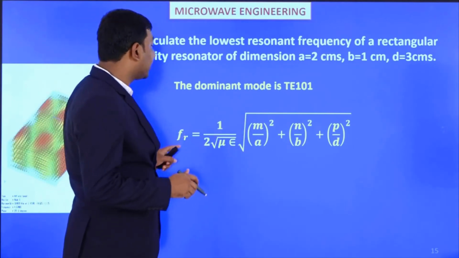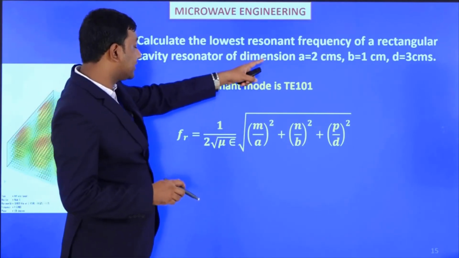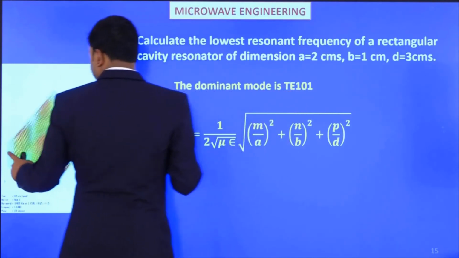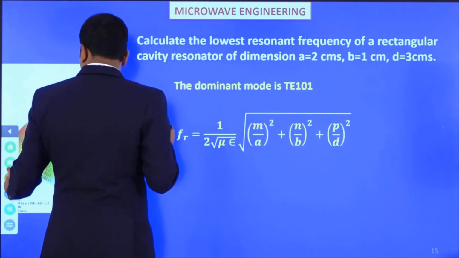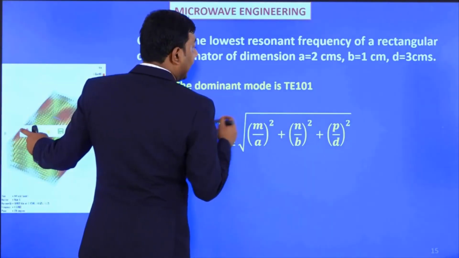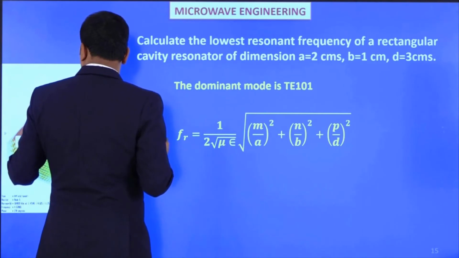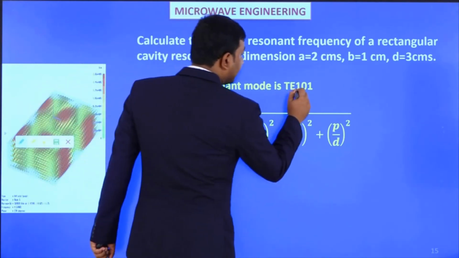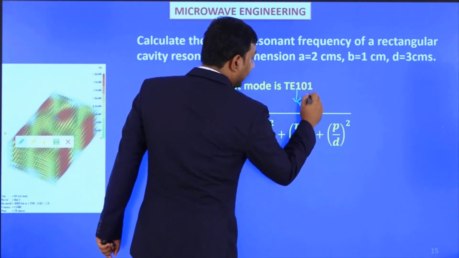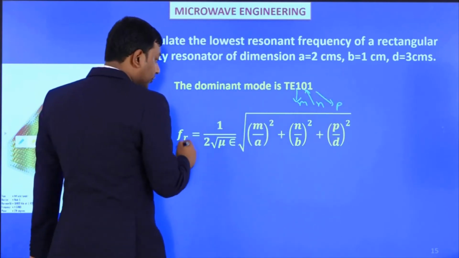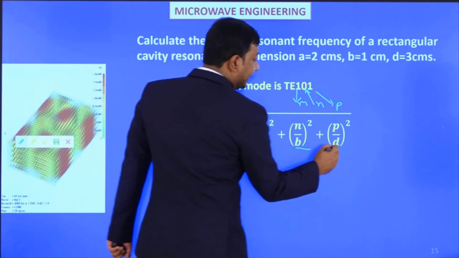We are trying to find its lowest resonant frequency. So for the dominant mode, the m value will be 1, the n value is 0 and the p value is 1. We will put those values, and the a, b, d values we know.